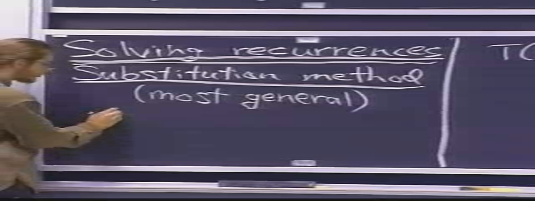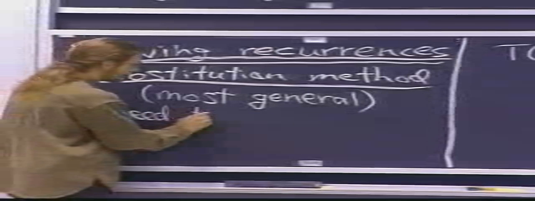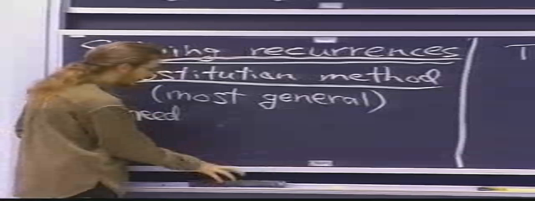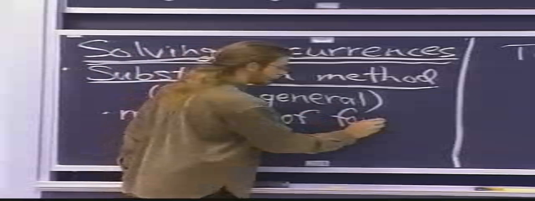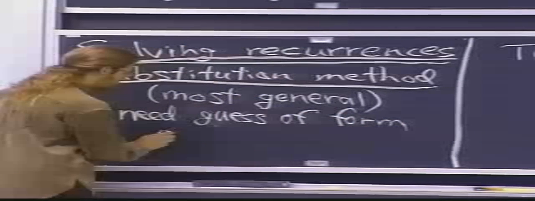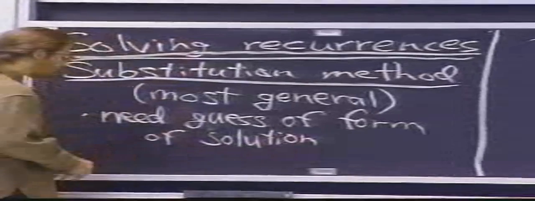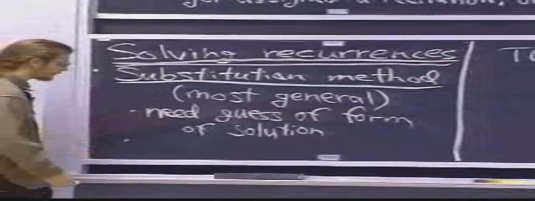So to apply the substitution method, you don't have to know exactly what the answer is, but you need to know some guess of the general form of the solution. And then the idea will be that you apply induction and check whether this guess works out.